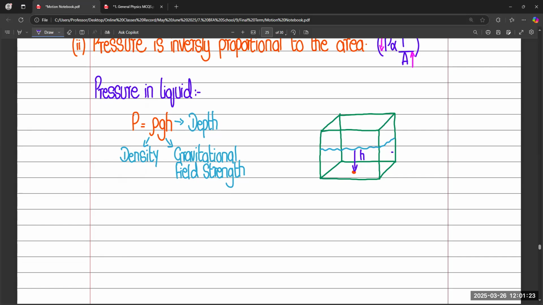Definitely there must be some density of water or whatever the liquid is, and the value of g is always the same, 9.81 or 9.8 meter per second square. So with the help of these quantities, we can find out pressure in liquid. Okay.